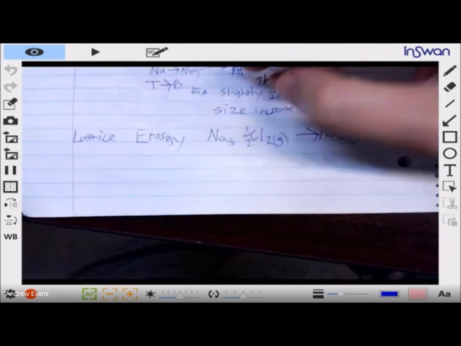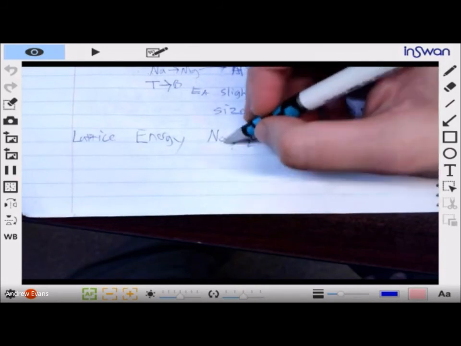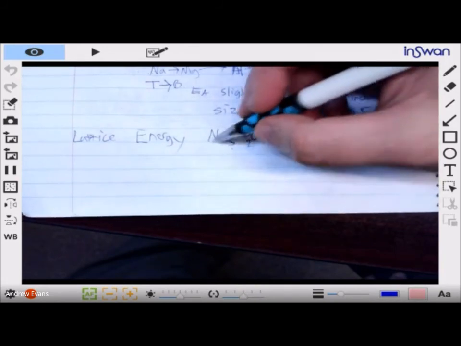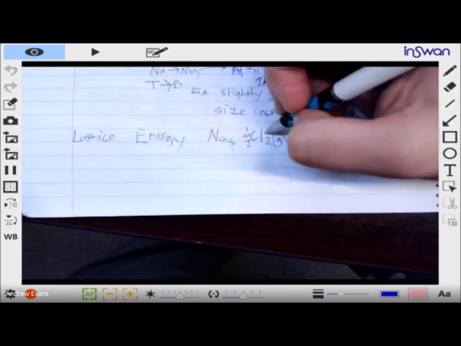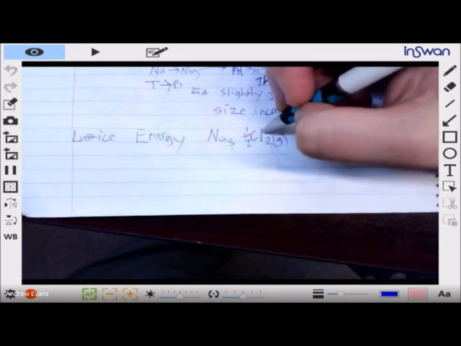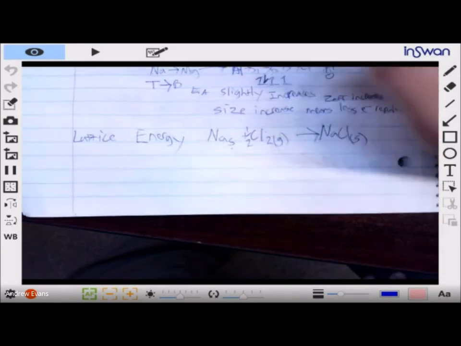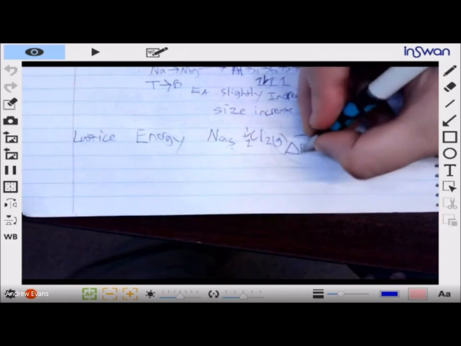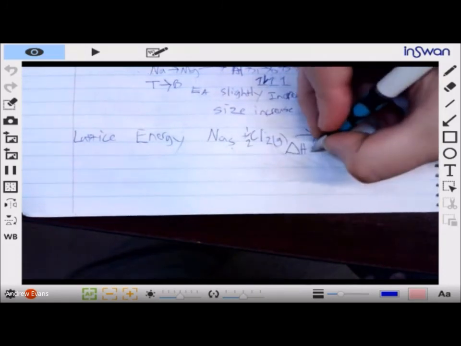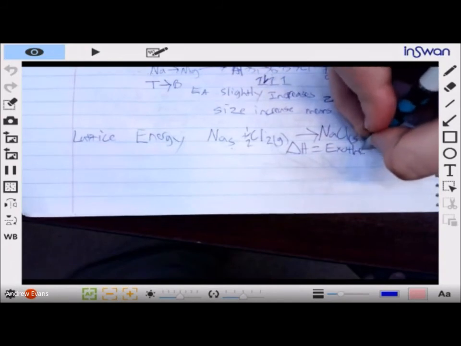If you use all the things you learned about vaporization, you have to turn this into a gas. You have to ionize this. You have to split this apart. You have to then give this an electron. If you put this all together and then crystallize as a solid, this right here is very exothermic, going to produce a lot of energy.